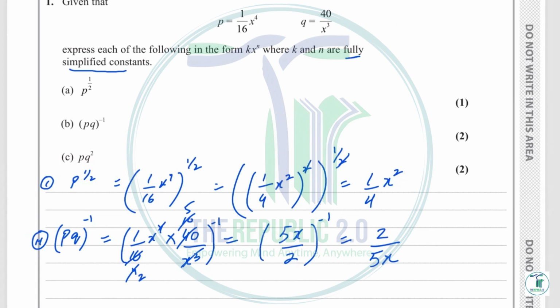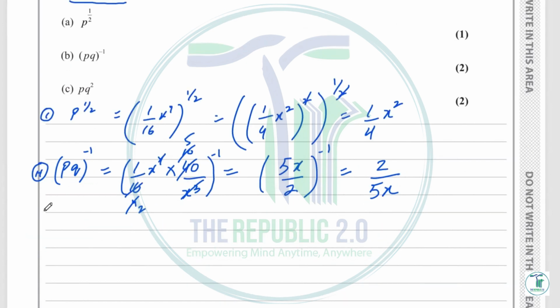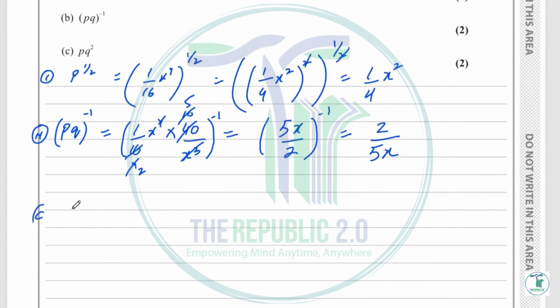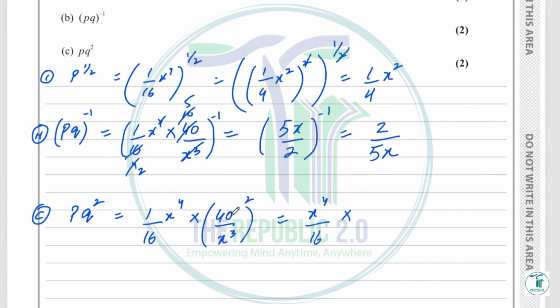Now you've got the C part, and in the C part, you need to find P times Q square. So P is again 1 by 16 x to the power of 4 times Q square. Q is 40 upon x cube, so 40 upon x cube, squared. And now we would be having something like x to the power of 4 upon 16 times the square of 40.